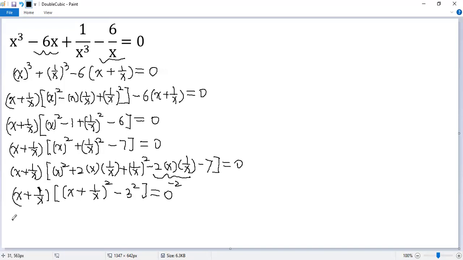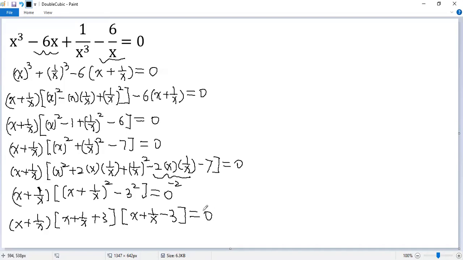So we get x plus 1 over x times a plus b. So it will be x plus 1 over x, which is a, plus b, which is 3, times a minus b. So it will be x plus 1 over x minus 3 equals 0. So we have 3 possibilities.